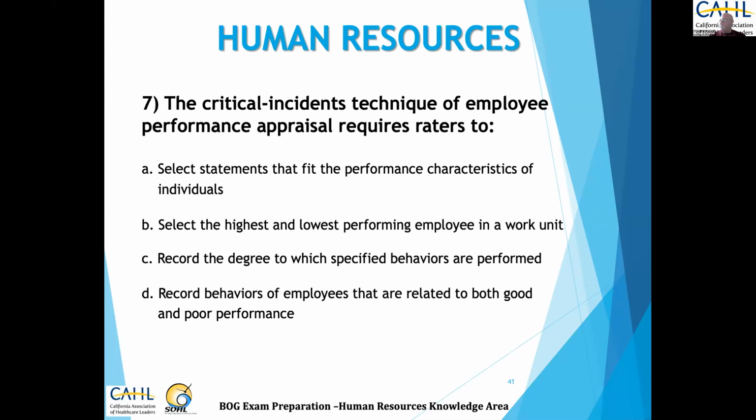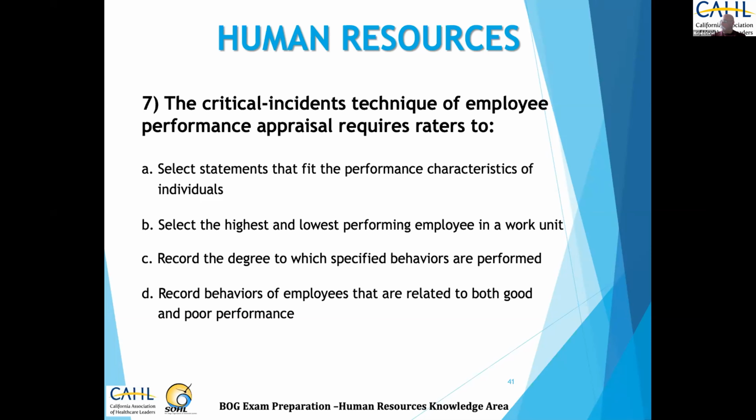Let me see if I can do it by process of elimination, because I really don't know. Select statements that fit the performance characteristics. Maybe, I mean, that's one thing you do, how people are performing. The highest and lowest performing, I know that's a specific technique. I can't remember what it's called, but I'm going to eliminate that one because I don't think it's critical incident.